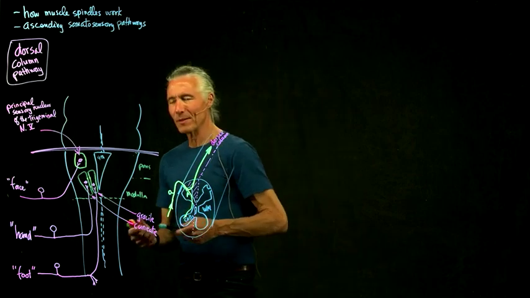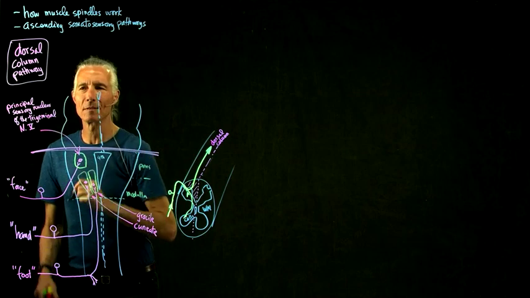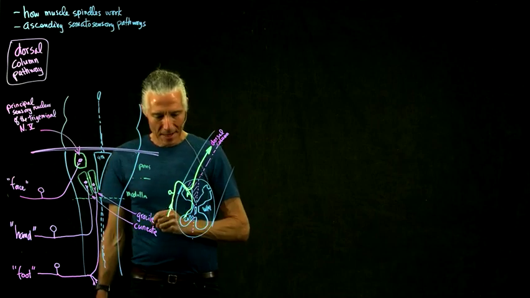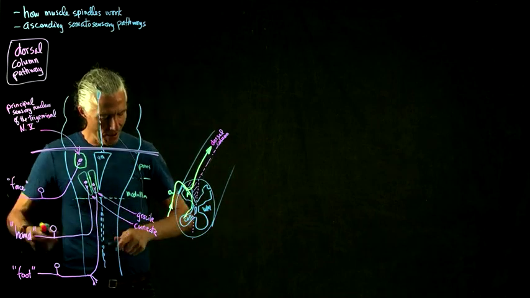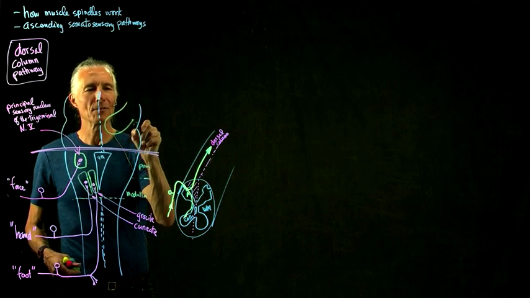When you go up into the thalamus, there's the third ventricle, where the ventricle opens up a little bit as you get up toward the forebrain. And there's a big nucleus in there called the ventral basal nucleus. I'm drawing it bigger than it is so I can draw some parts to it.